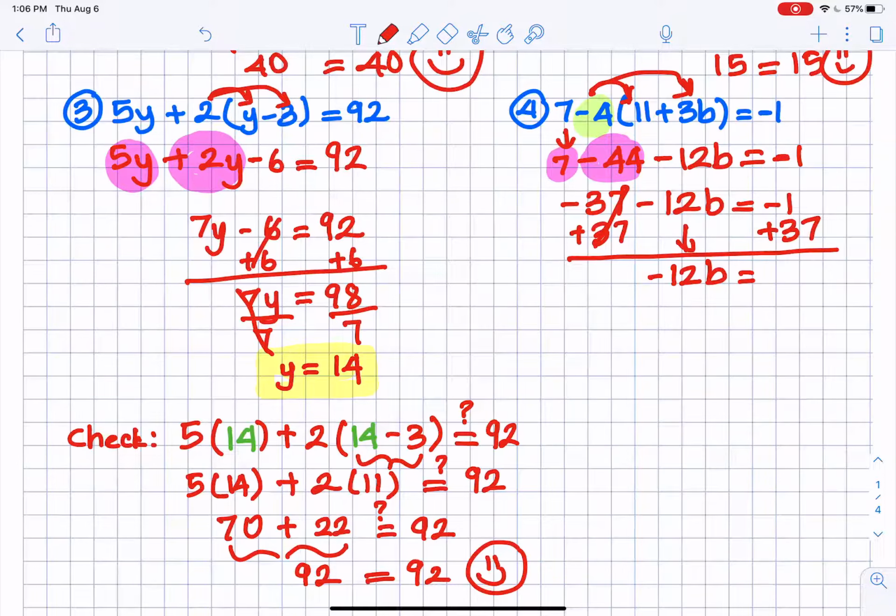Even though we're adding, since negative 1 has a negative sign and positive 37 is positive, we really subtract, so it is going to be 36. And then I'm going to divide each side of the equation by the coefficient of b, which is negative 12. And then here b will be negative 3.